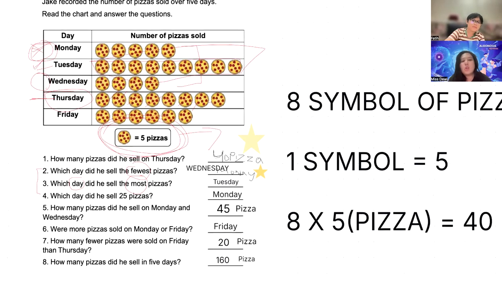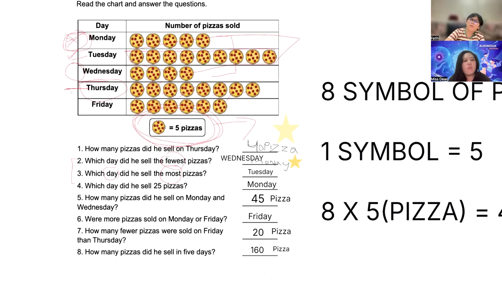But we don't stop there. Let's check Wednesday. Wednesday, of course, skip because that's the answer for fewest. So that's not possible for the most. Next, Thursday. We can consider Thursday because when you see the picture, it creates a long row of pizza. But you can compare with Tuesday. Which one has the longest pizza?